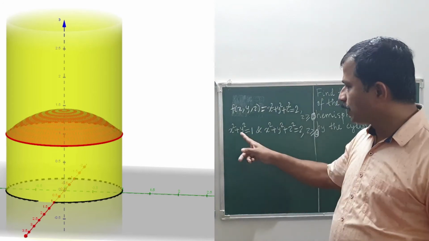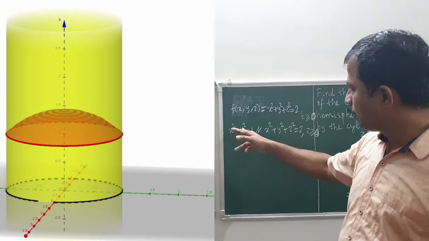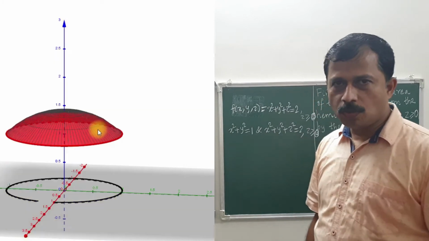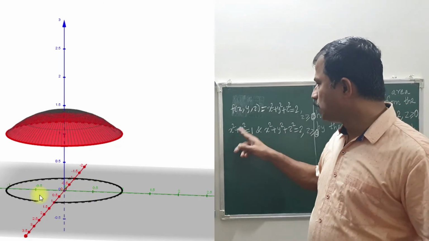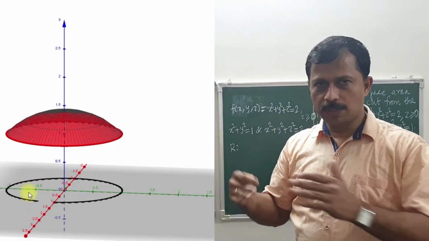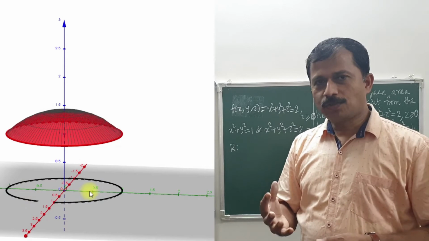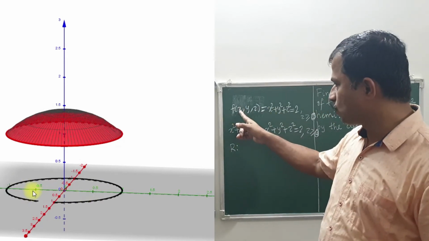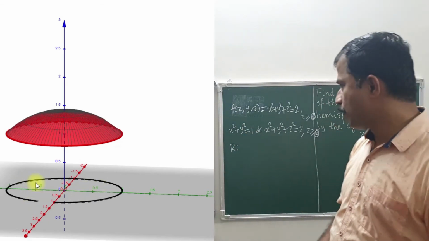On the xy plane, the cylinder x square plus y square is equal to 1 intersects the xy plane in a circle given by the same Cartesian equation x square plus y square is equal to 1. So the projection of the cap lies inside the circle x square plus y square is equal to 1, so that R is the region on the xy plane that corresponds to the cap. In other words, the cap gives the graph of the function f of x, y, z where x, y varies over this region.